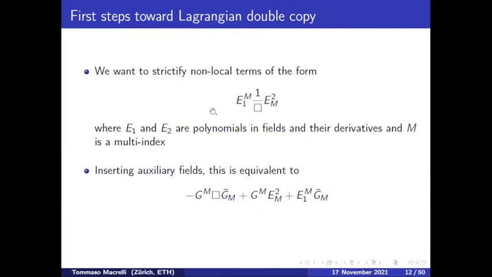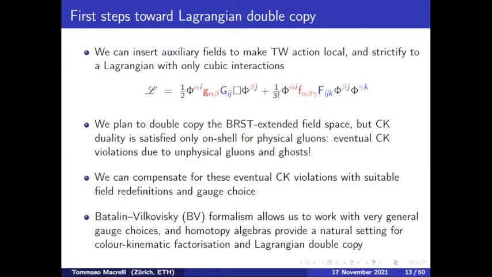In an analogous way, by introducing auxiliary fields and integrating them out, we can show that non-local terms of the form that we encounter inside Tolotti and Weinzel action can be made local with the introduction of auxiliary fields. And again, this is proven just by integrating out the auxiliary fields.